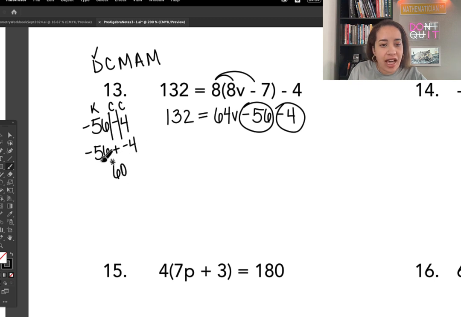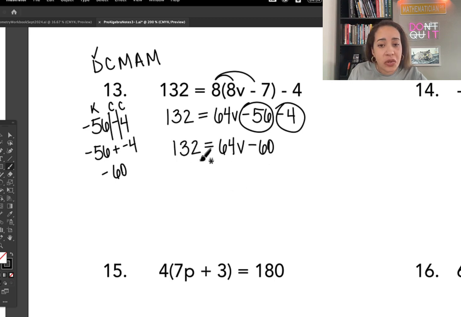And if I go to the higher absolute value, I see that it was negative, so I should have a -60. So those combine together to get -60. Now I can just copy down everything next to it. We've got 64v, we've got an equal sign, and we have 132.